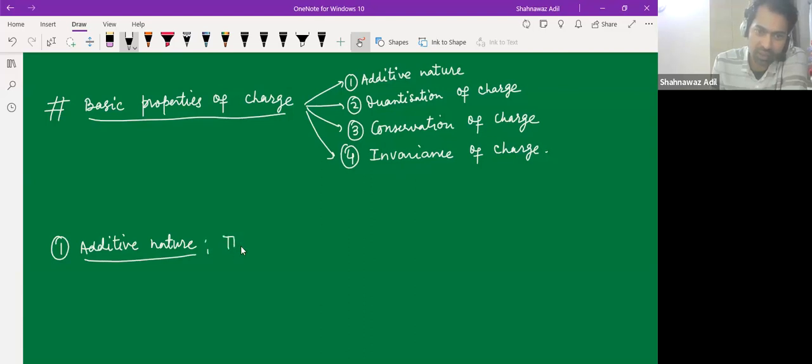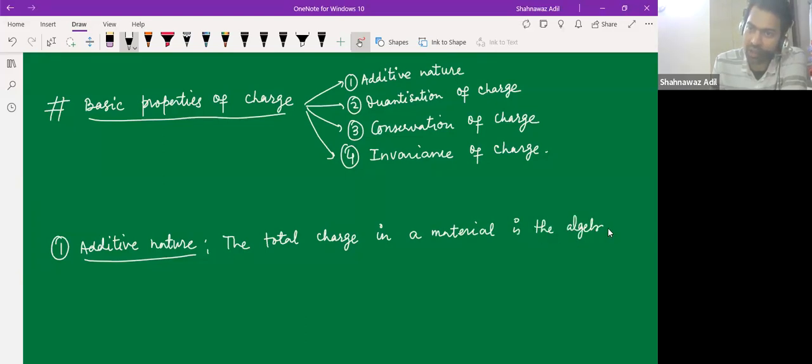The total charge in a material is the algebraic sum, not the vector sum, right? Vector sum is different, but the total charge in a material is the algebraic sum of the individual charges.